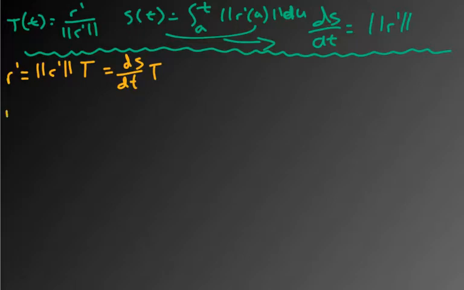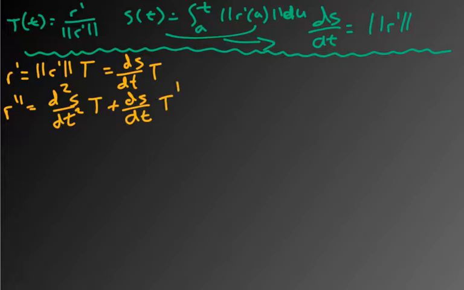We need r double prime because of the cross product in the curvature formula. So I'm going to take a derivative of this first derivative here. That's a situation where we need the chain rule because these are both functions of t. So we would have d squared s dt squared times T, plus ds/dt times T prime. That's my product rule.